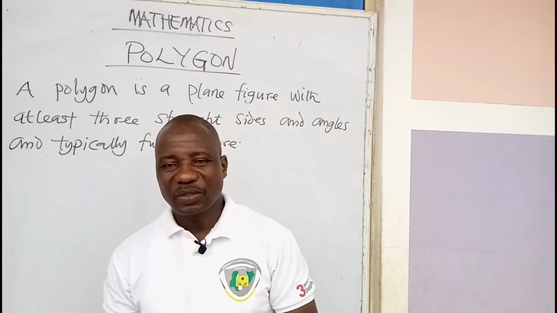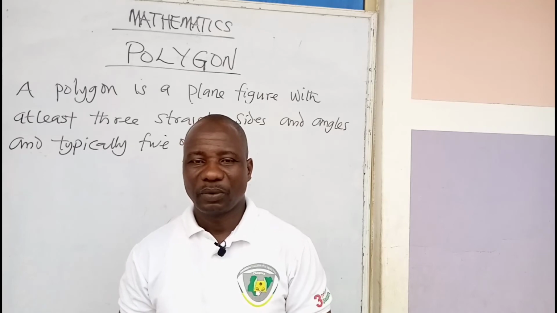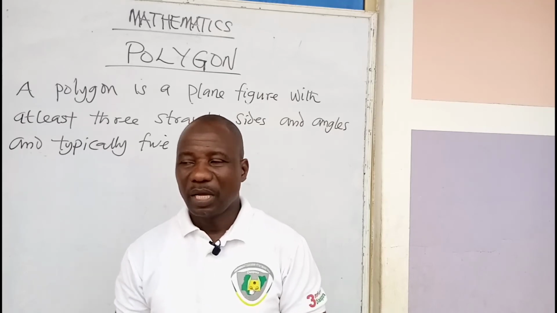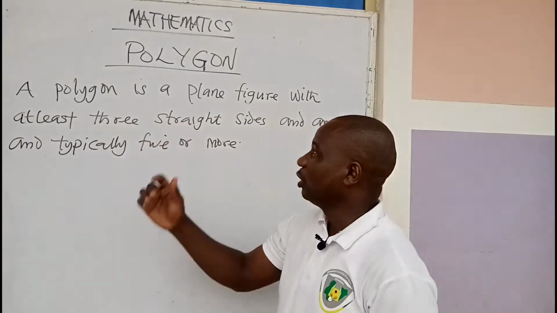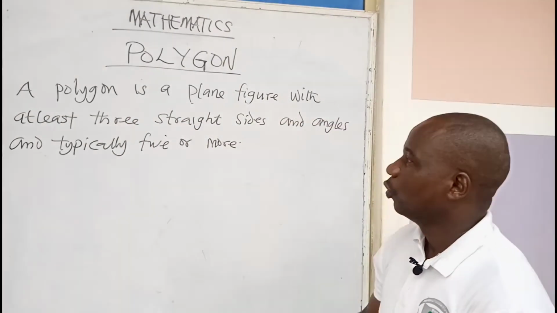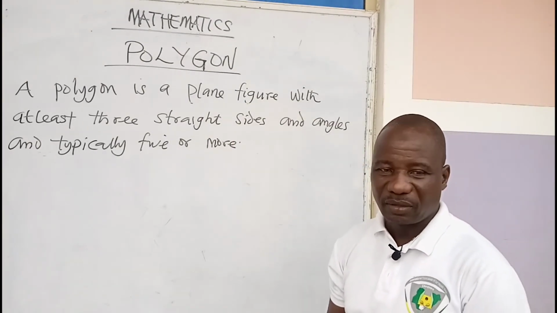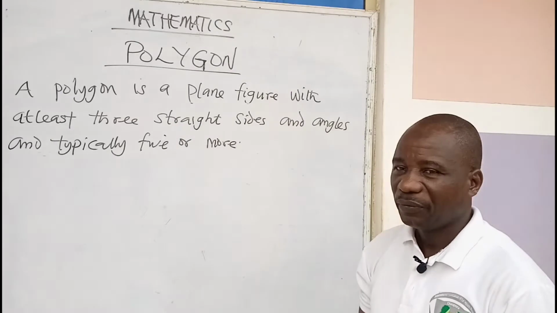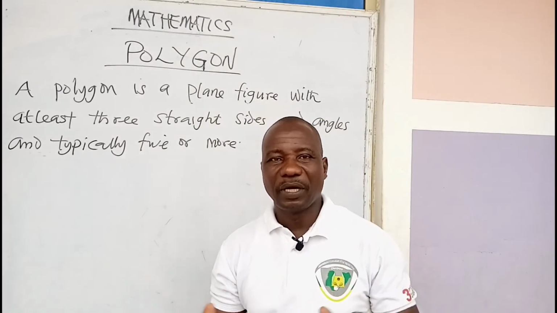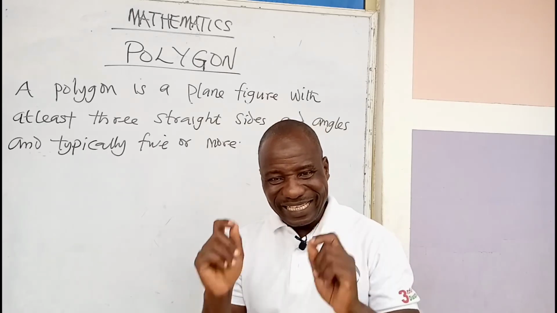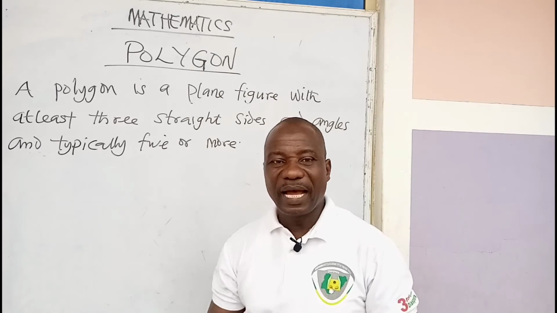Now, in today's class, we want to talk about polygons. What is a polygon? As you can see on the whiteboard, a polygon is a plane figure with at least 3 straight sides and angles.